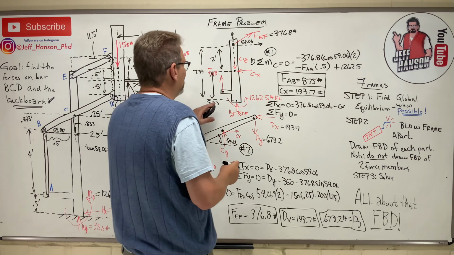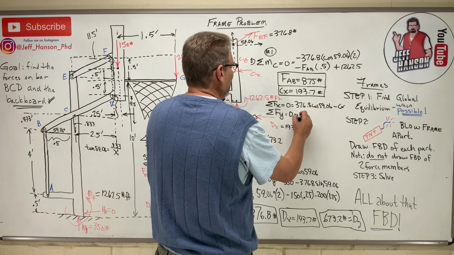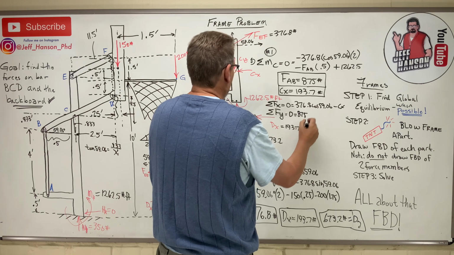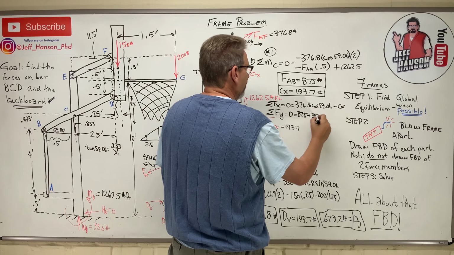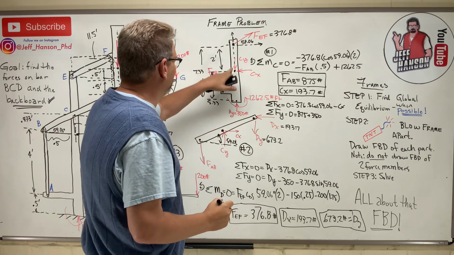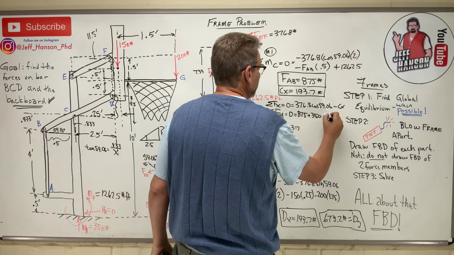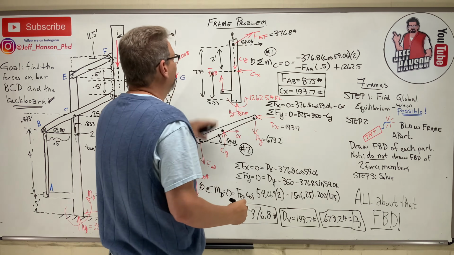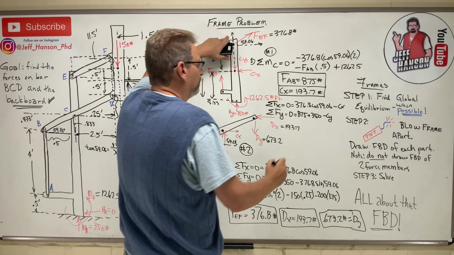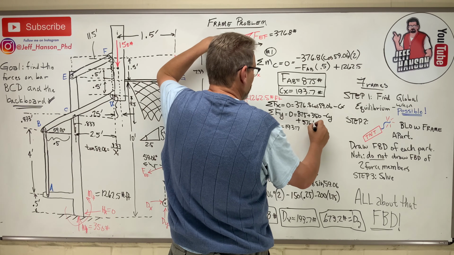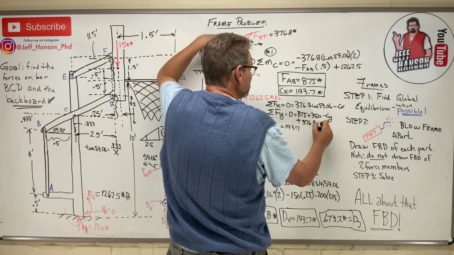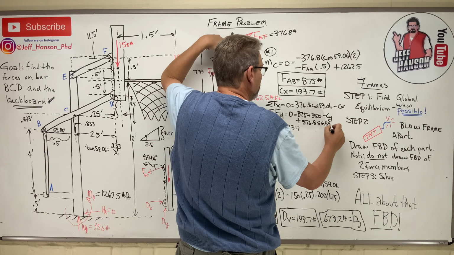So in the Y direction, I have FAB, which is 875. I've got 350 going uphill, and I've got CY going downhill. And then I got this guy going uphill, which is plus 376.8 sine 59.06.